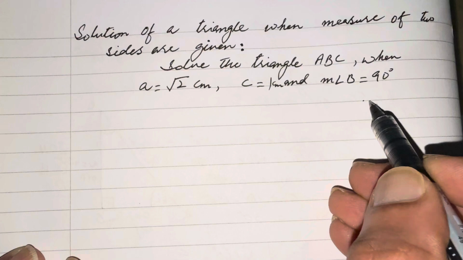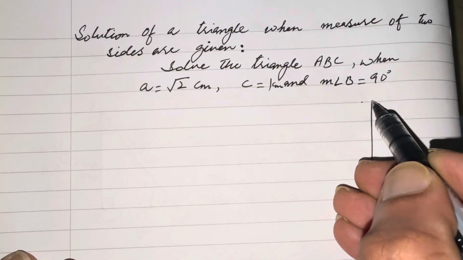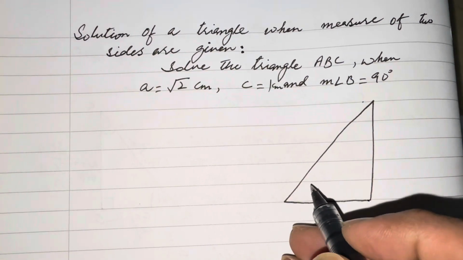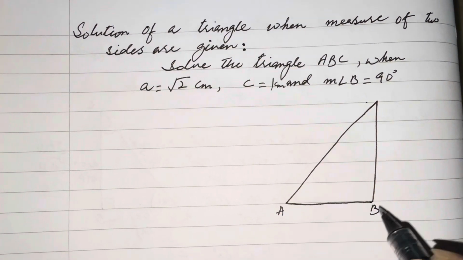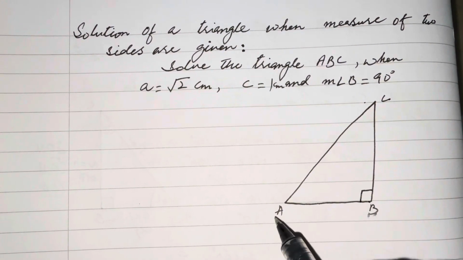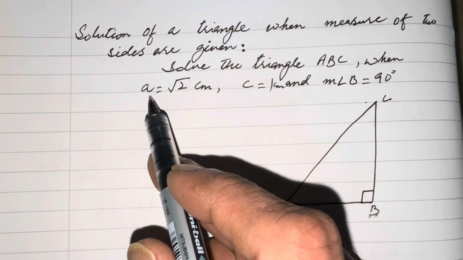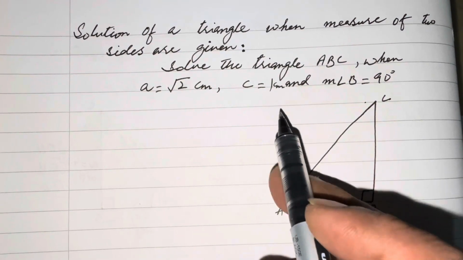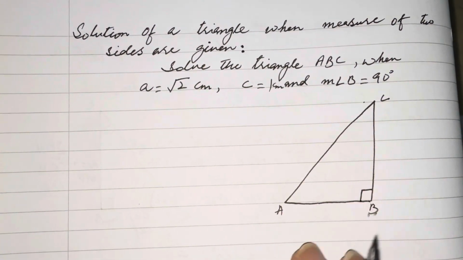We have to draw a right angle triangle ABC, where B is equal to 90 degrees, and we don't know the measure of angle A and angle C. The small a is showing the length of a side, equal to √2 centimeter, and the small c is showing 1 centimeter, the length of one side of the right angle triangle.